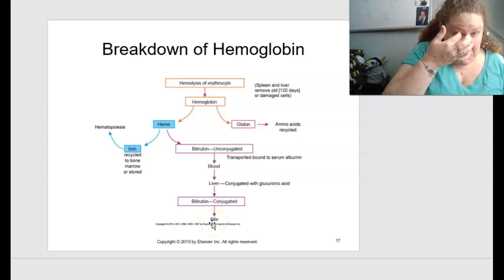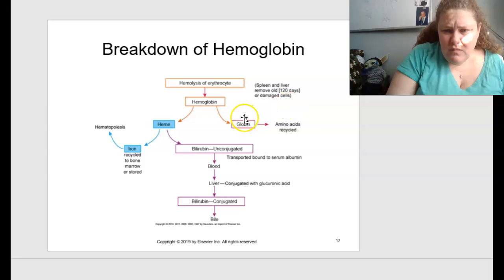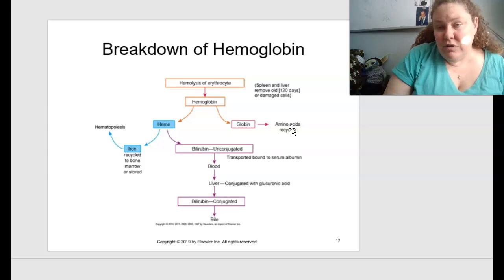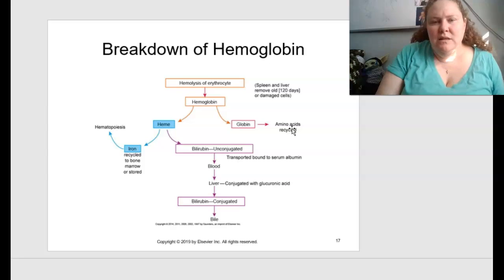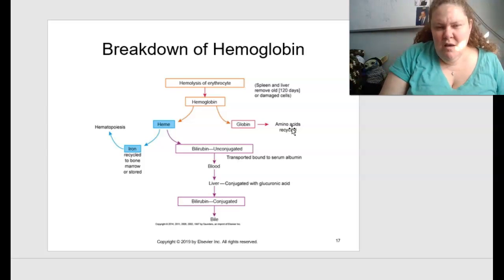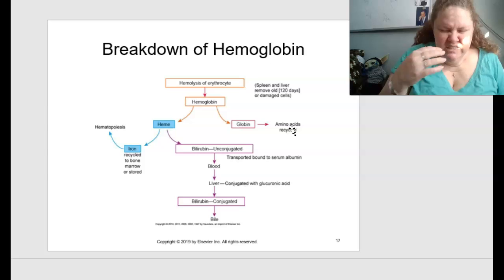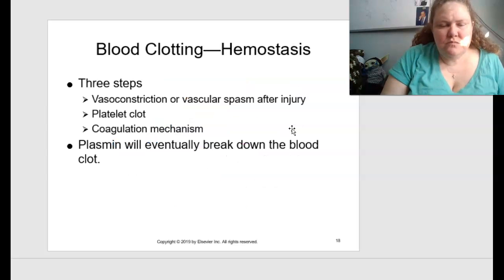Then you also have your globin, which is broken down into amino acids and recycled. Our body is very good at recycling everything, breaking things down to a normal base product so that we can reuse them again.